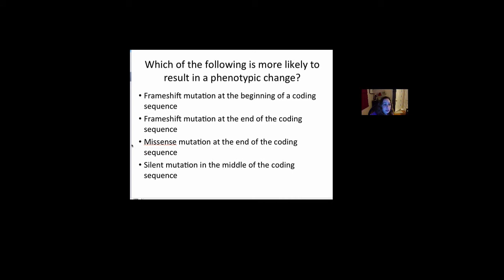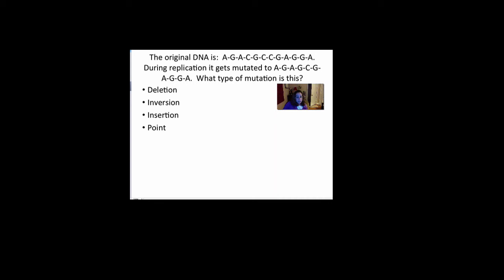So the next question was, the original DNA is A, G, A, C, G, C, C, G, A, G, G, A, and during replication it gets mutated. What type of mutation is this? Now again, for this question, before I went and looked at the answers, I would really compare these sequences to see what's going on here. So I would write them out.